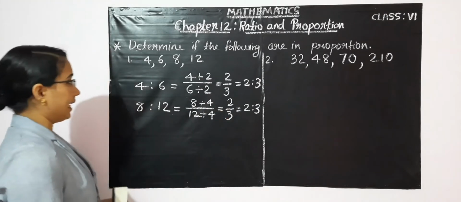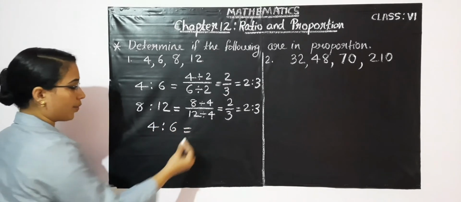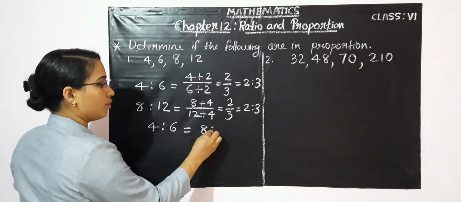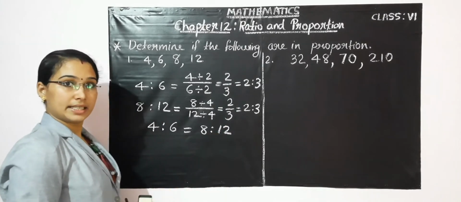So we can say 4 is to 6 equals 8 is to 12. First ratio is equal to second ratio.